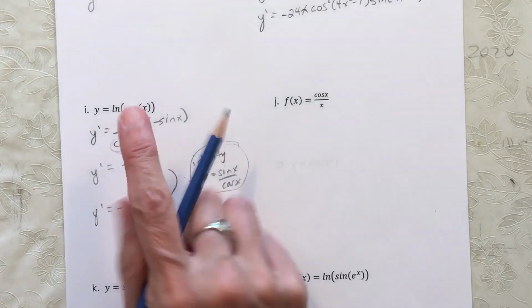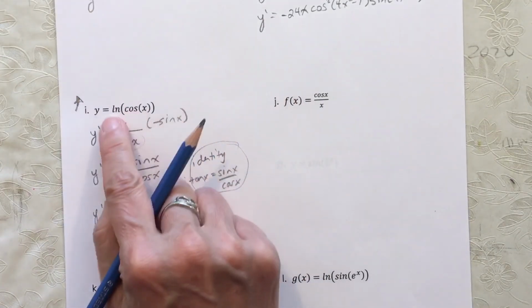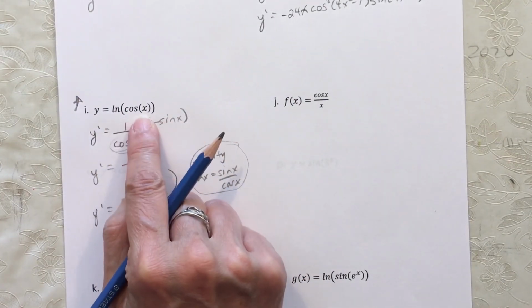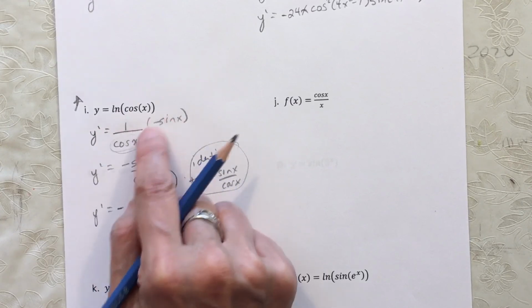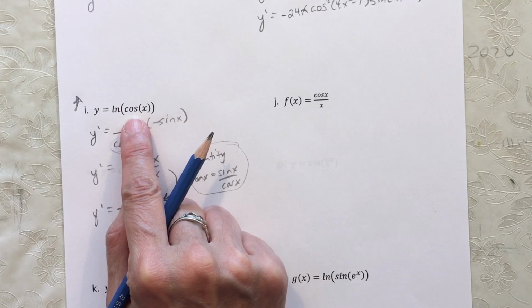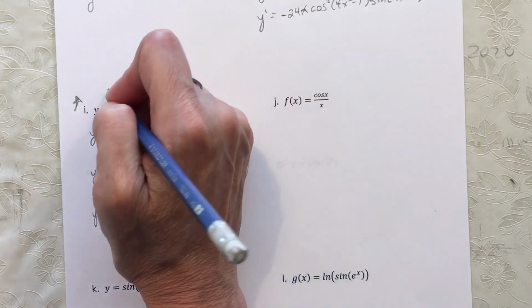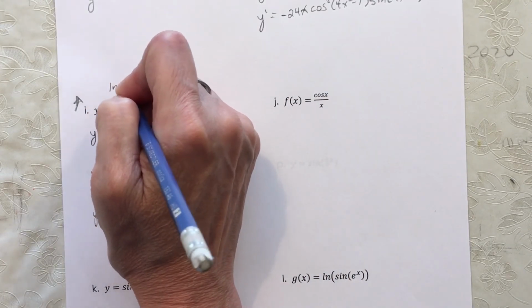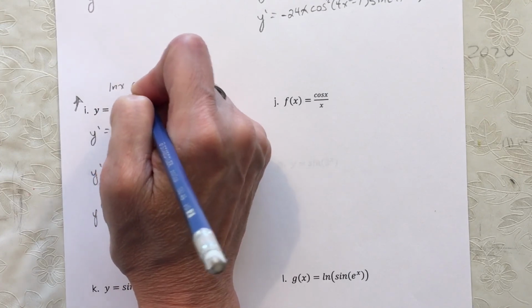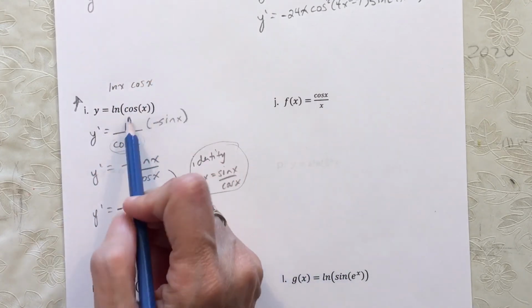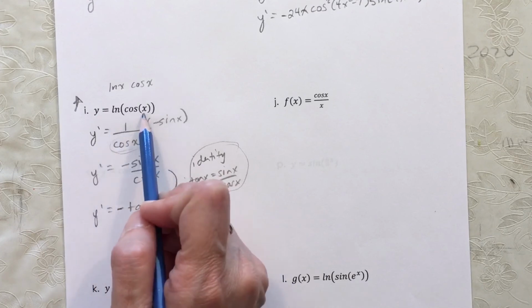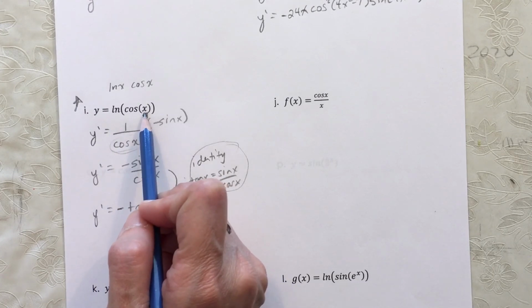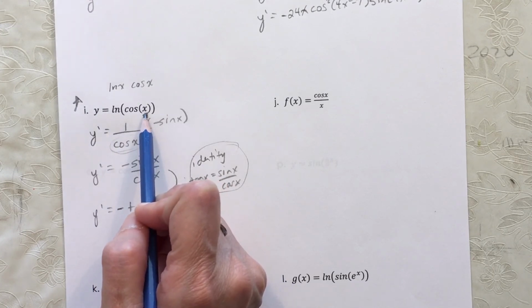Another thing that's important for I is realizing that this is a ln question with chain rule, but it's not a product rule question. For this to have been a product rule question, it would have had to be ln of x times cos of x. That would have made it product rule, but here, one way to make sure is I only see the x in one spot, one place.